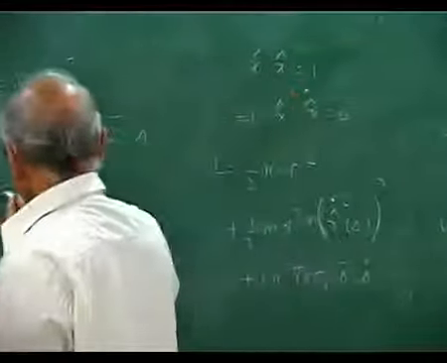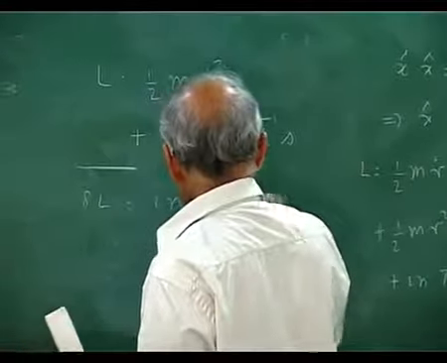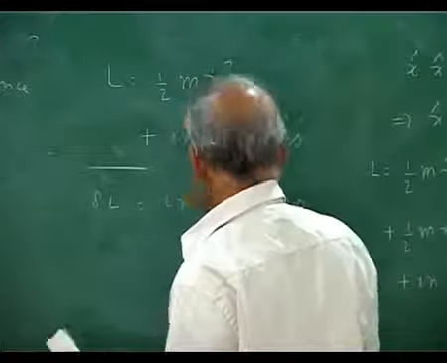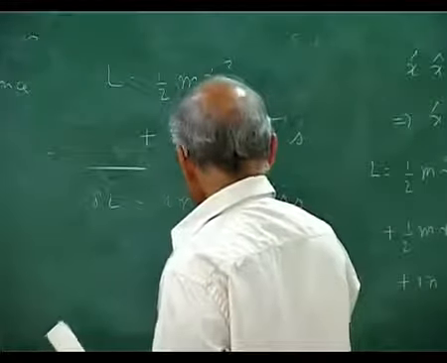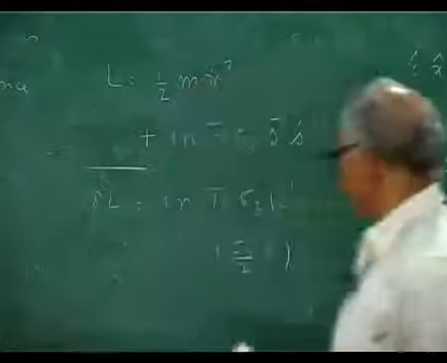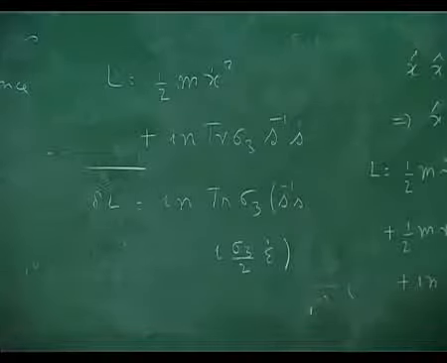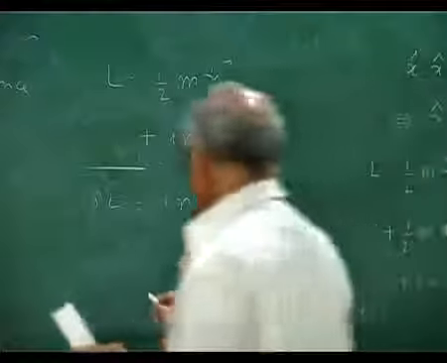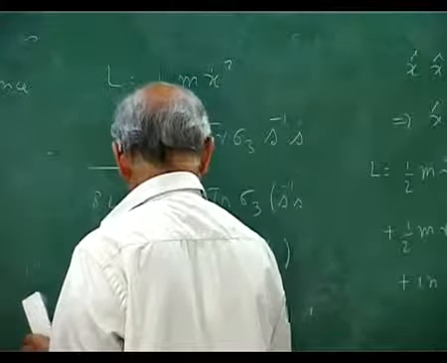So it will come from i n trace sigma 3, S inverse S times this variation, this is an i sigma 3 over 2 epsilon dot. So this is equal to minus n epsilon dot.